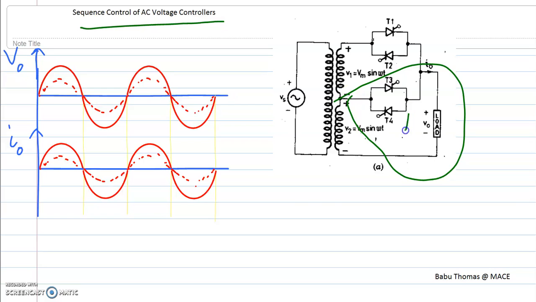So this is the first voltage controller and this is the second voltage controller, and they are connected in parallel, and the sequence at which the thyristors are turned on is in such a way that you are able to get a variable output voltage.